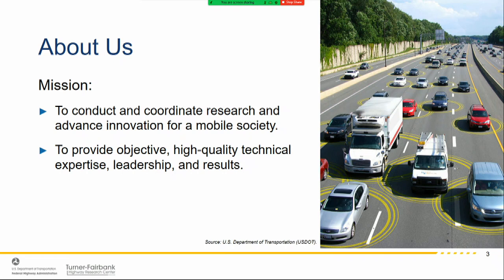Our mission is to conduct and coordinate research and advance innovation for a mobile society. What I'd like to highlight is that last piece, the mobile society. We have always conducted research and innovation for transportation, but there's a renewed focus on what a mobile society means. We're the Federal Highway Administration, so our purview is largely the roads, the infrastructure, and so forth.